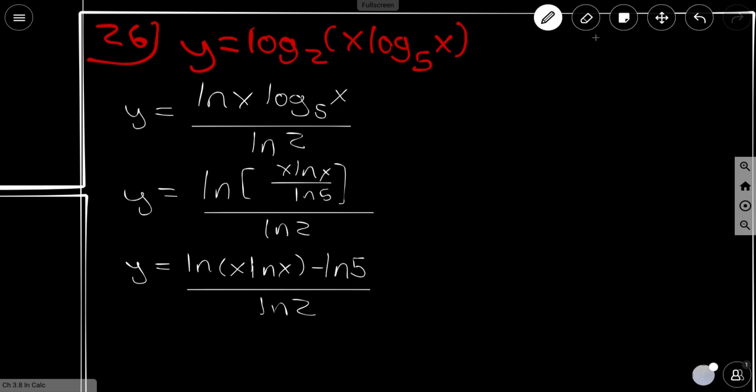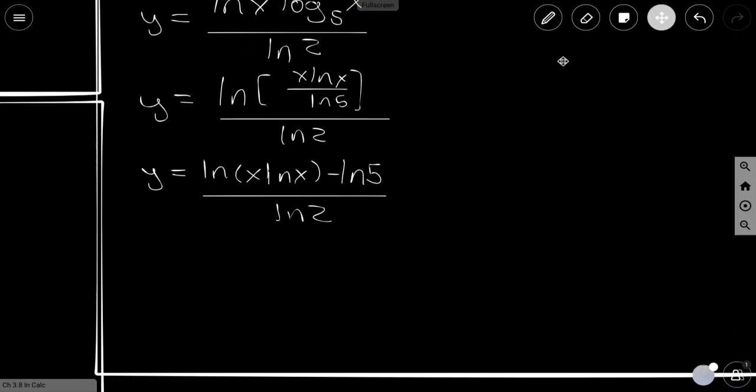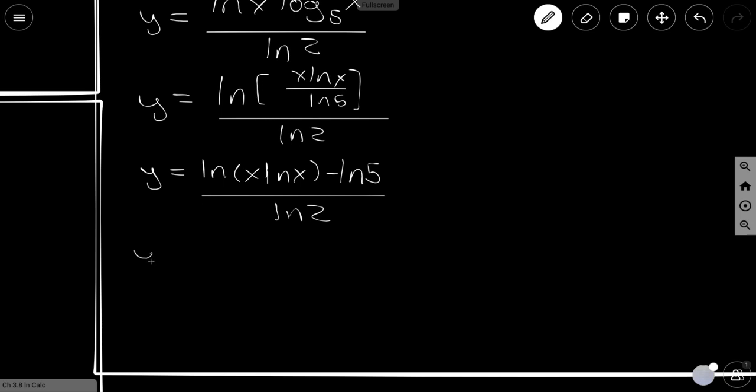And I can do one more. So this, the denominator ln 2, I'm just bringing it outside as a fraction.